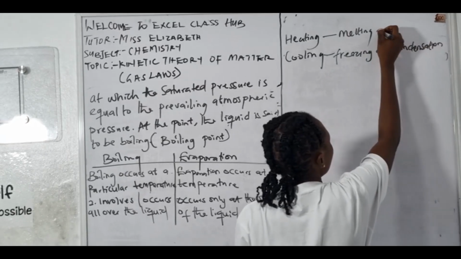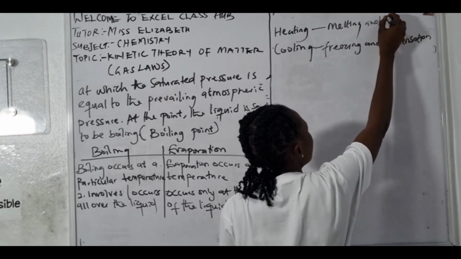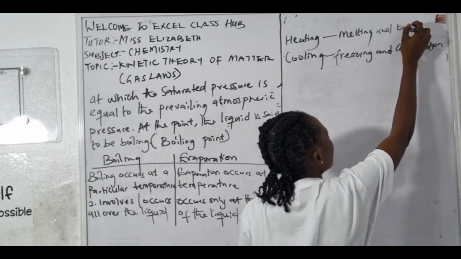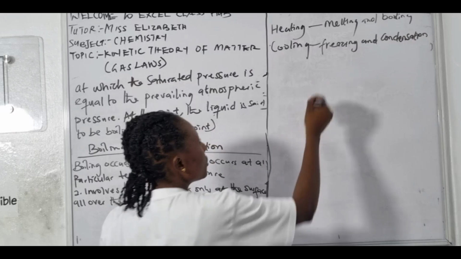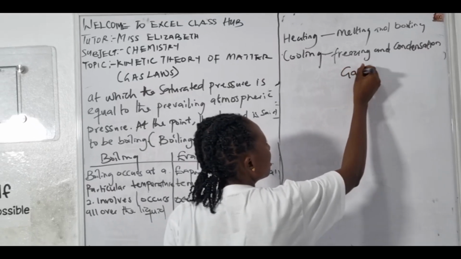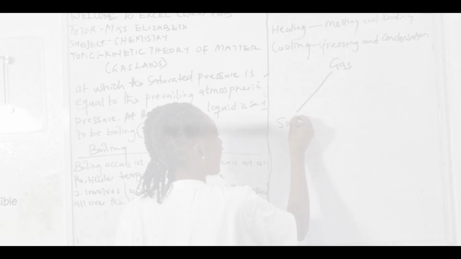You can see melting and boiling. So now let's have a diagram to show the relationship between the change of states. So you have something like this: solid to liquid.